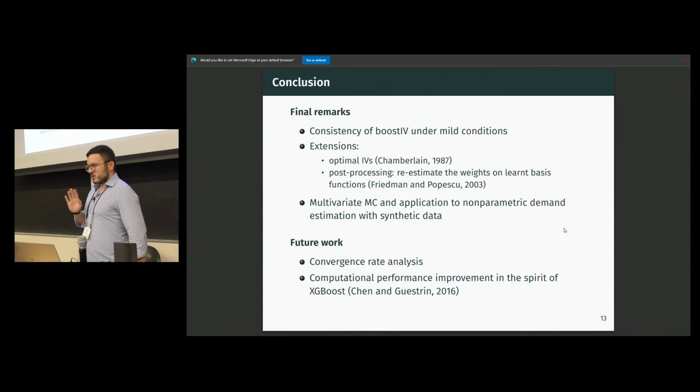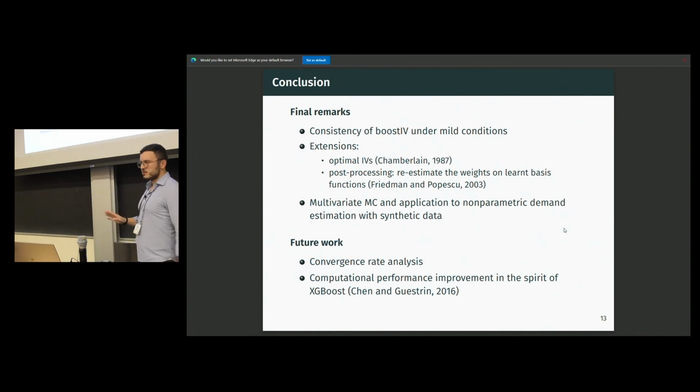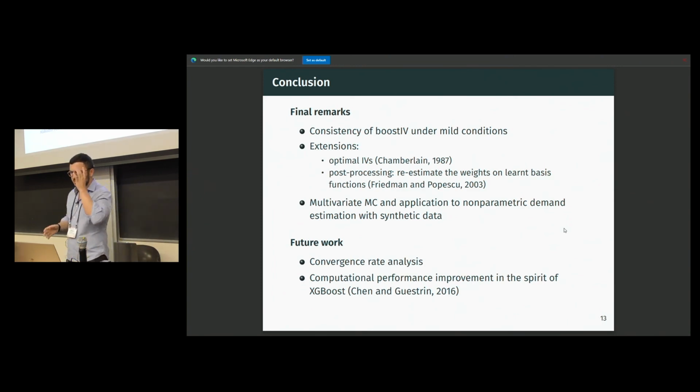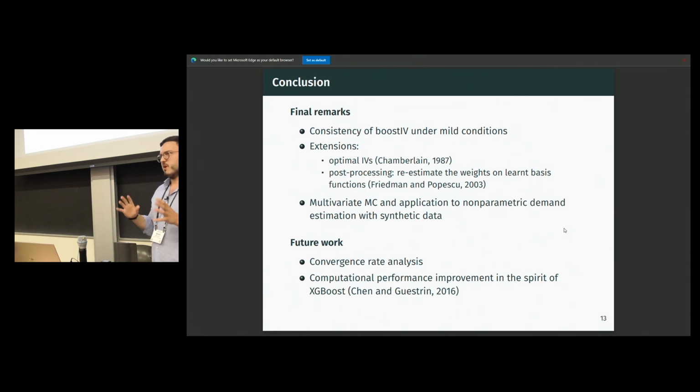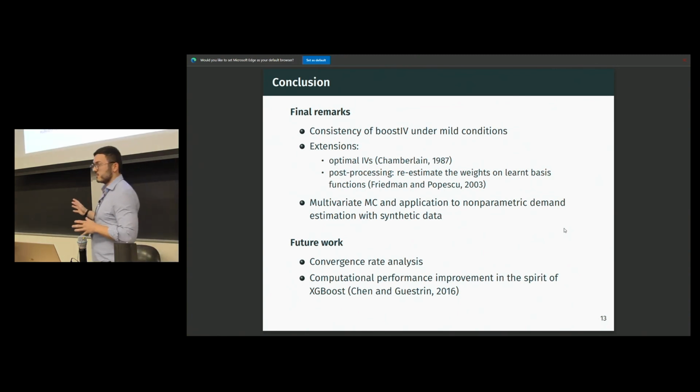As I mentioned earlier, we have many more simulations in the paper, including some multivariate designs in Monte Carlos. But the more interesting thing is that we have an application to non-parametric demand estimation in the context of differentiated goods. We estimate the inverse demand function that Berry and Haile identify in their paper.